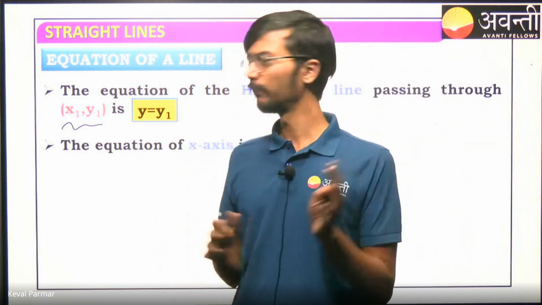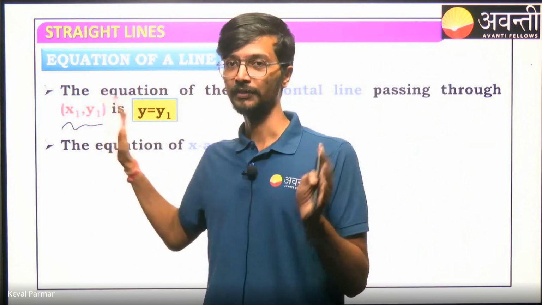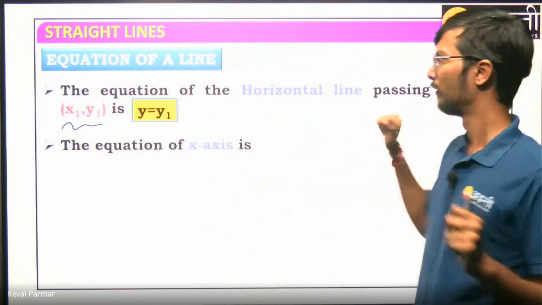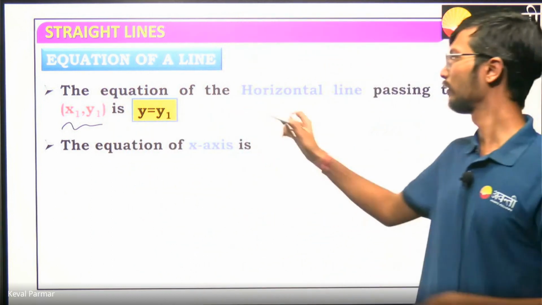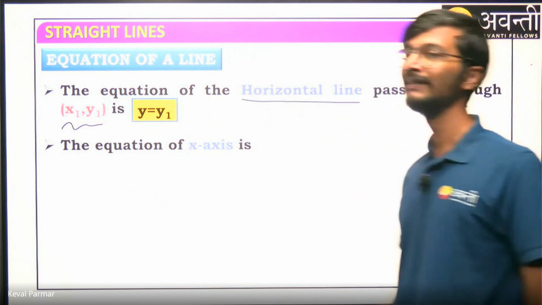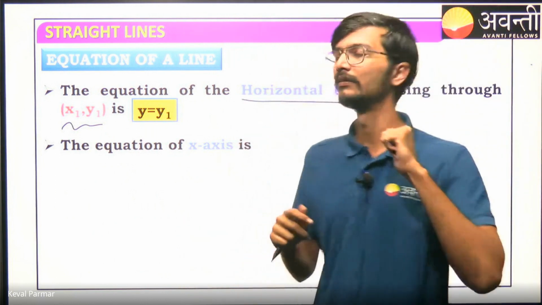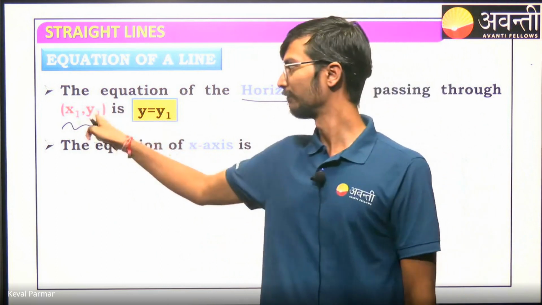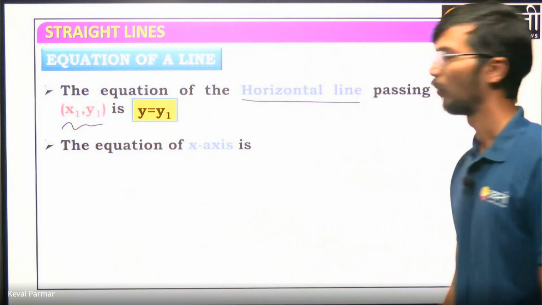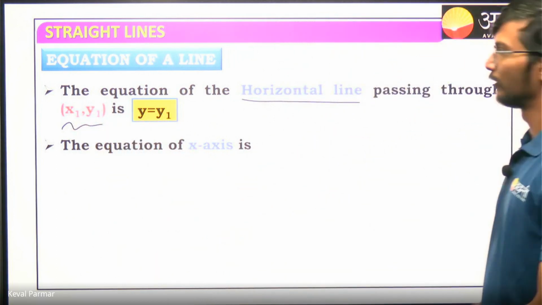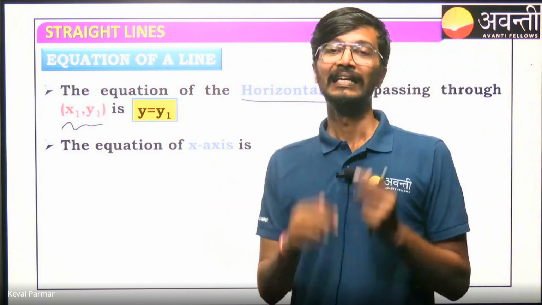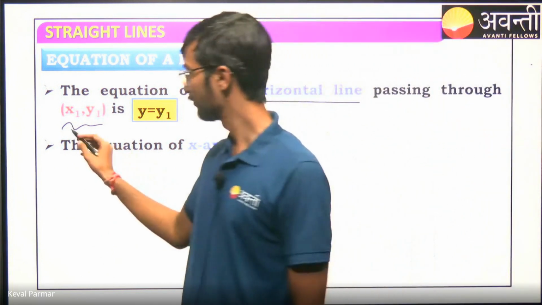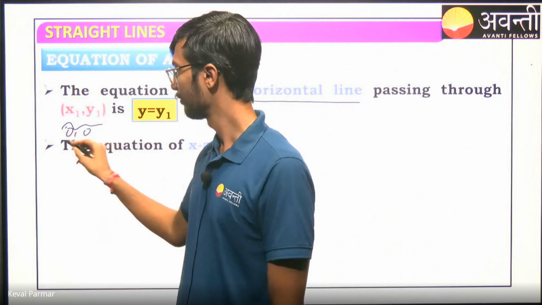Before doing slope point form, let's see some general notes, which say the equation of a horizontal line. A horizontal line, meaning a line parallel to the x-axis, will be y equals y1, where it is passing through x1 comma y1. And similarly, you can see the equation of the x-axis. Now we know the x-axis passes through 0 comma 0, that is the origin.